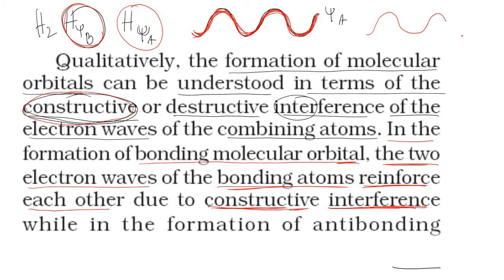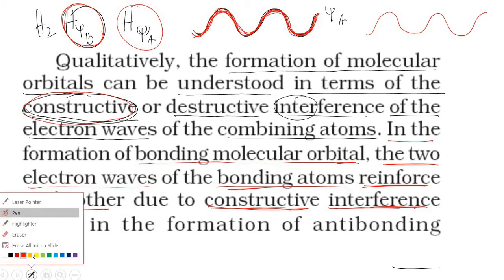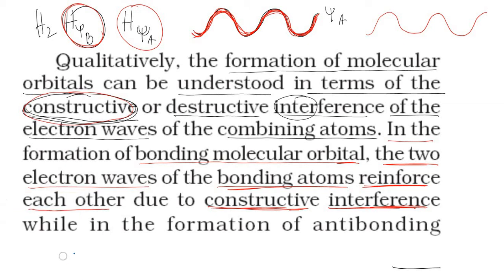Now if the psi of A of one hydrogen atom was like this, and the psi of B of the other atom was not involved in constructive interference, if it was having the interference in this manner, then it is called destructive interference. So in that time there is a formation of anti-bonding molecular orbitals.